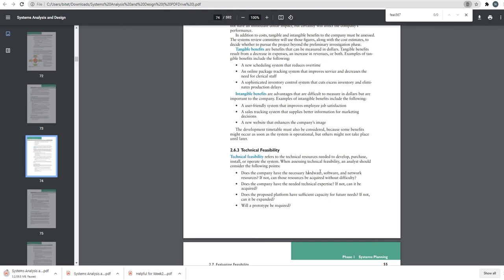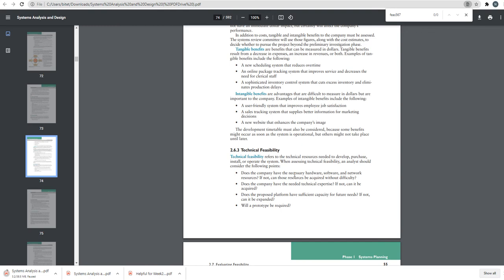Does the company have necessary hardware, software and network resources? No, at present the company does not have all these resources, but the company will be installing all the required resources before the implementation of the project takes place. So by the time the project is created, the organization will definitely have all the required hardware and software available. So the work is technically possible.